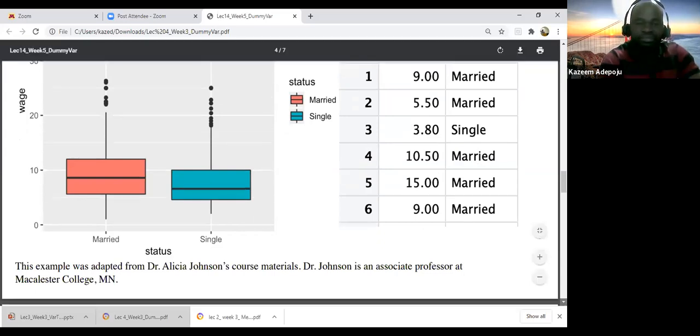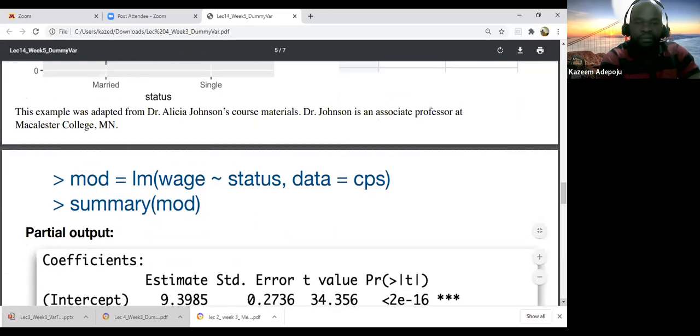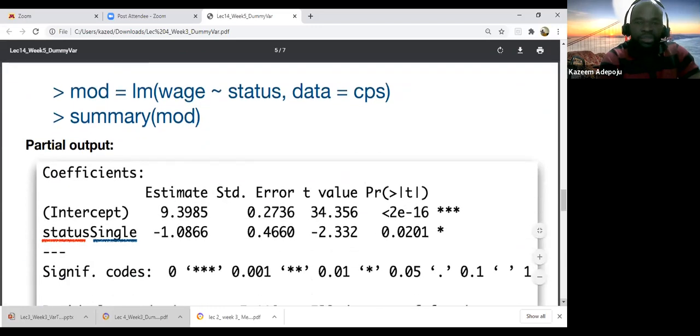Now, using the data set, we're going to run a linear regression model. This is the wage, which is the response, and this is the predictor, status. The status here is categorical. This is just to showcase the data set that I'm going to be using.